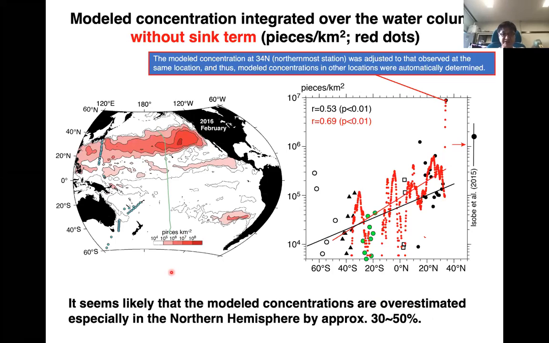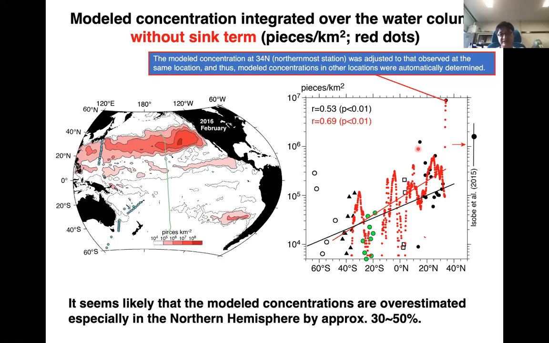We can compute, as shown by the red dots, the zonal distribution of the microplastic along the same line, and each mark means an observed result.